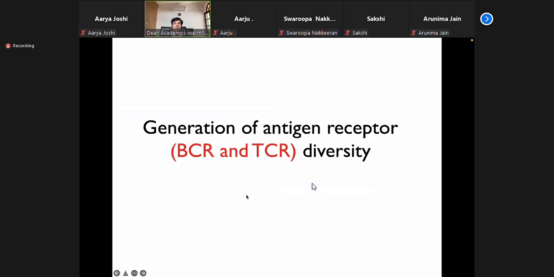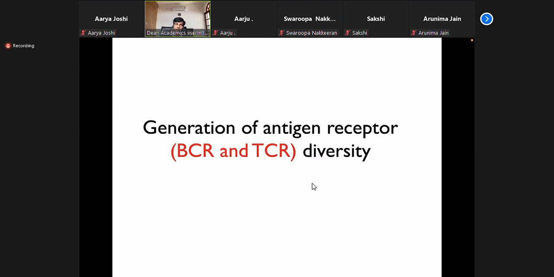All right. So the next topic we are going to talk about is how on earth you are able to generate antibodies which recognize every single antigen available in this universe. You don't have so many genes to encode for it, right?